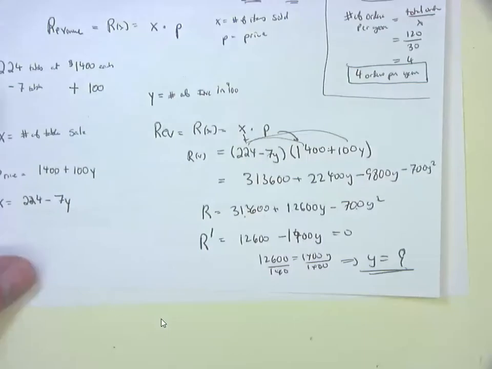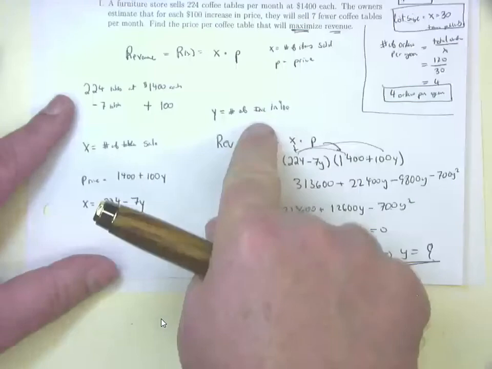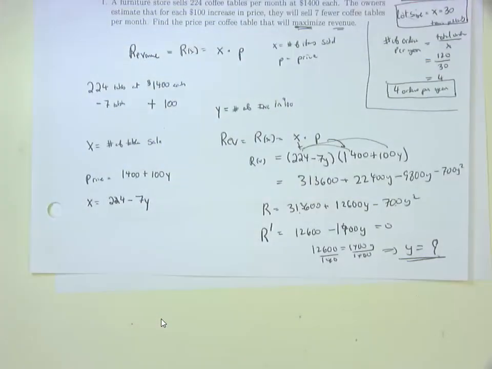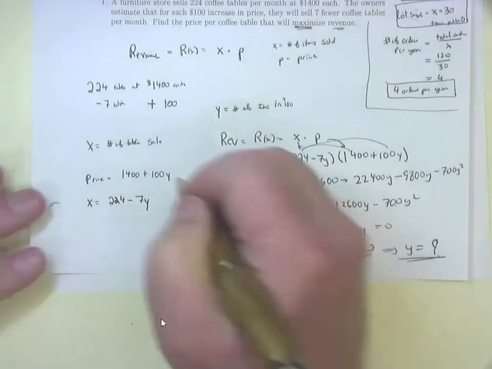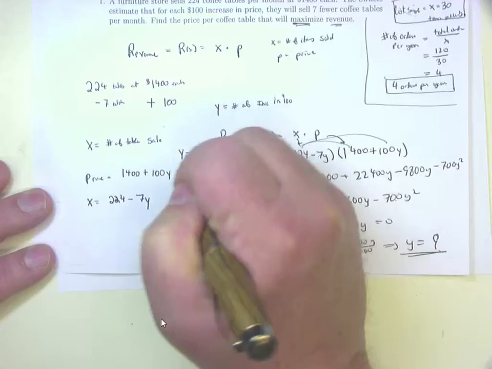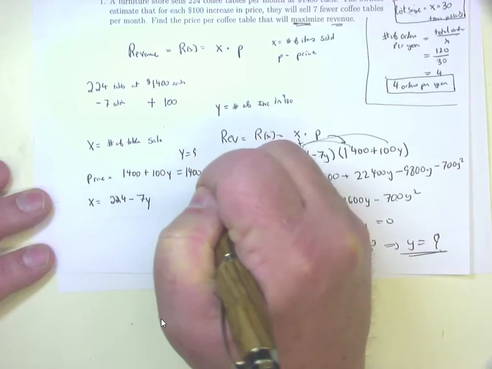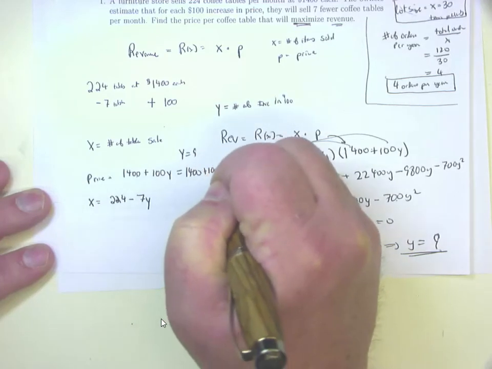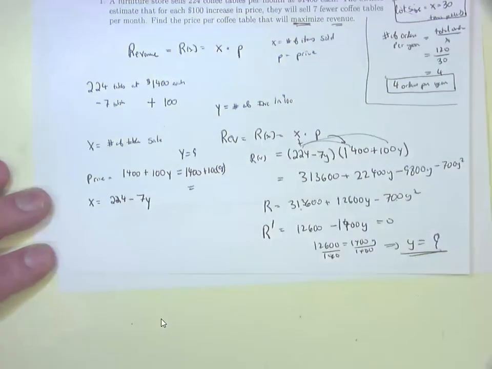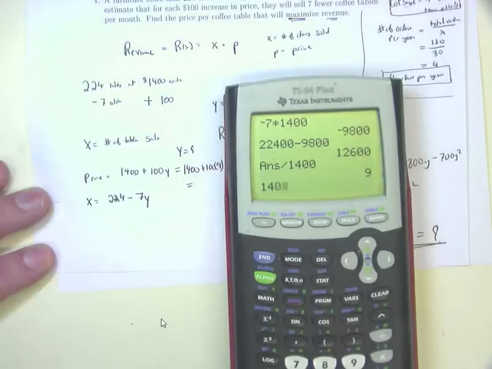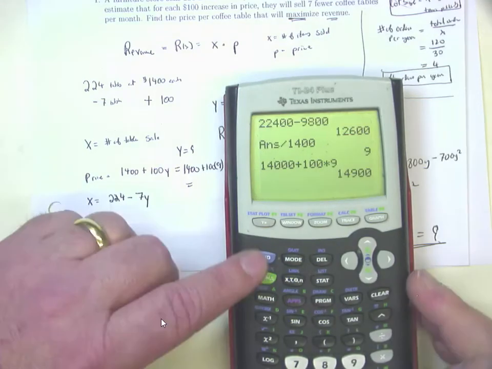So wait a minute. What does Y represent? How many $100 increases should he give? 9. So what's the price he's going to sell it at? Y equals 9. The price is going to be 1,400 plus 100 times 9, which is 900.